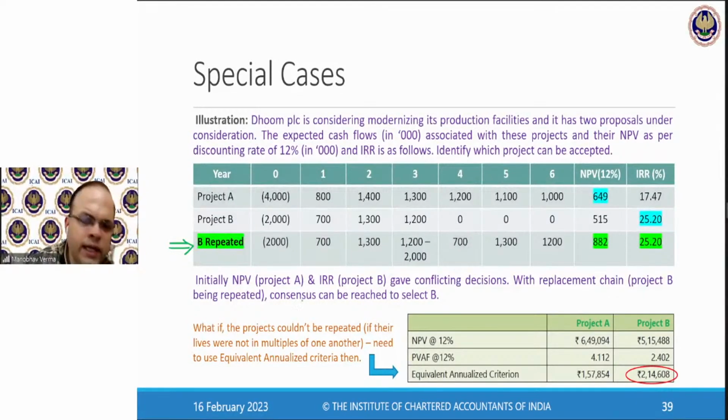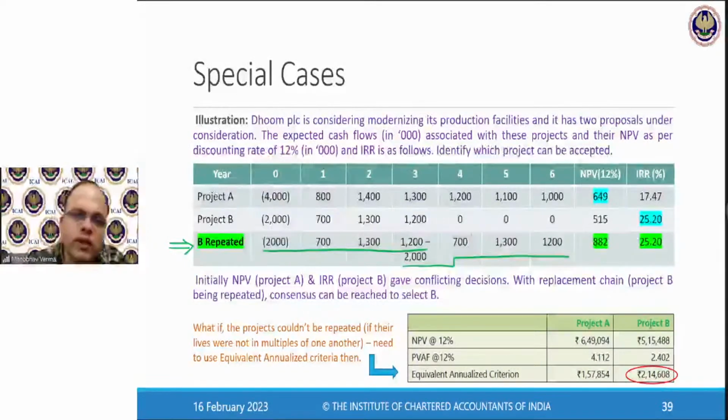So also, Geet, why will the IRR be the same? Because if you look at this, the trend is the same. You are doing project B once, and then you are doing project B again. So in the 3rd year, project B is completing and also starting again. With that process, my NPV is increased to 882 for project B. And because of this method, in terms of the replacement chain, both NPV and IRR are giving similar results.